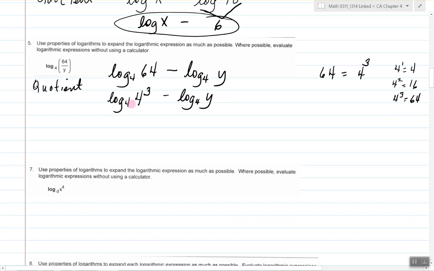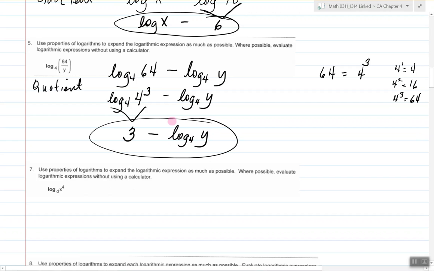When your base is the same as the base here, you get the exponent. So that's 3 minus log base 4 of y. That may be a little challenging if you are not aware of things like this.